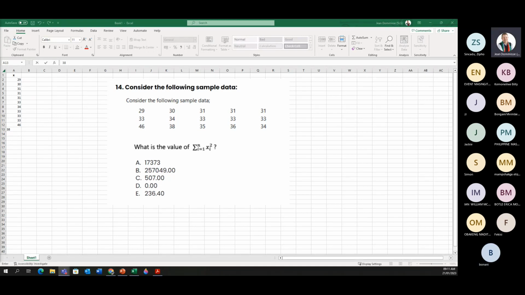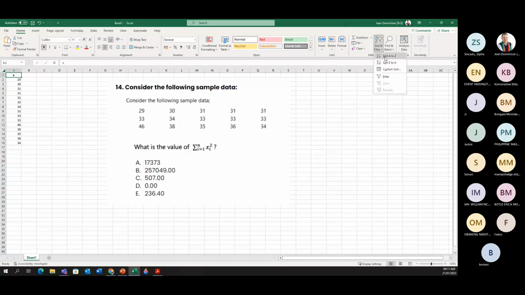I'll sort that out while in Excel. 35, 36, 34. Okay, so that is all of that. Let's quickly sort it. Okay, there it is sorted.